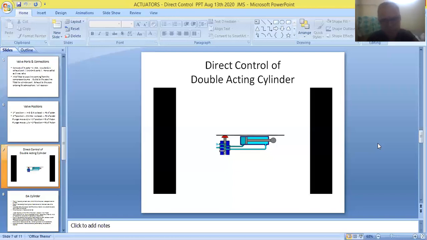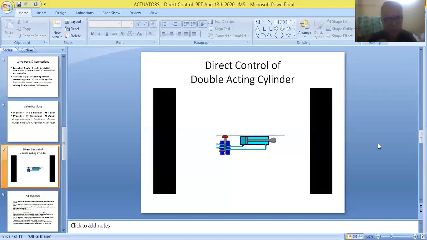And by arranging these cylinders in vertical direction, just like single acting cylinders, these cylinders can also be used for moving loads in upward and downward directions. Also, they can be used for performing press working operations.